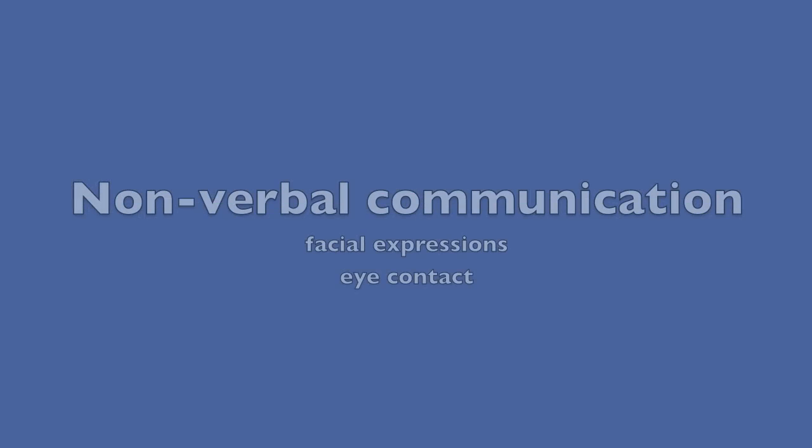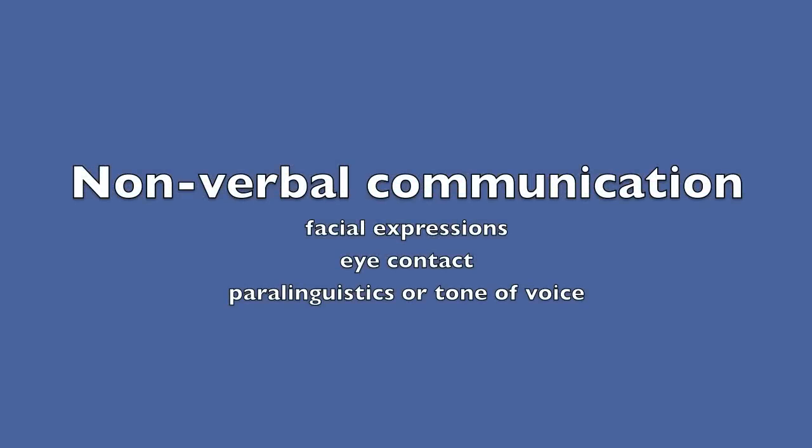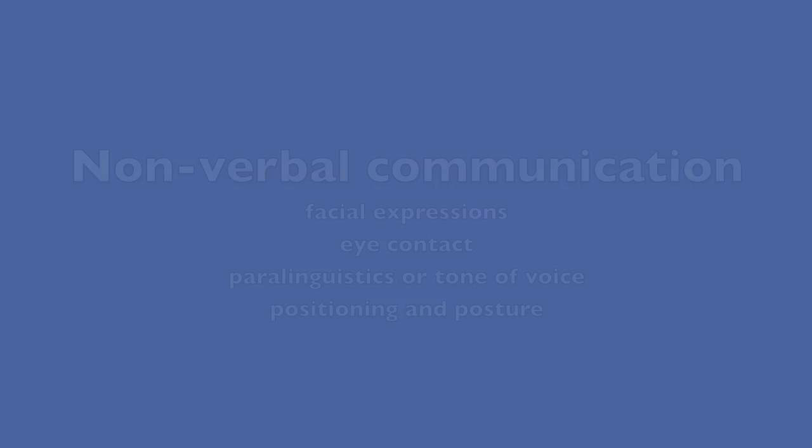Nonverbal communication is another tactic that can be used in the classroom to build relationships, especially if you feel publicly punishing a student isn't the most effective way to discipline. These may include facial expressions, eye contact, paralinguistics, or tone of voice, positioning and posture, gestures and proximity, and touch.